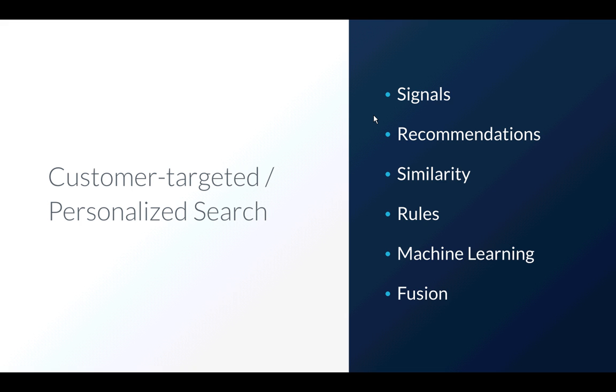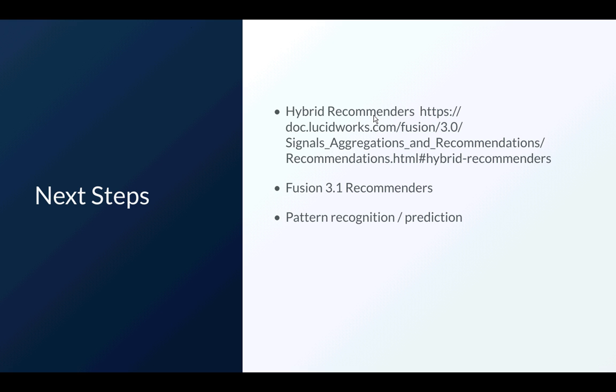So for customer-targeted personalized search, a key piece of this are the signals, recommendations. Some of those recommendations are based on similarity. A lot of what we do is based on rules. So, gee, if you type in this sort of term, maybe we want to send you here. Clustering and things like that can be done with machine learning. And these are all things that are part of Fusion that you can use.